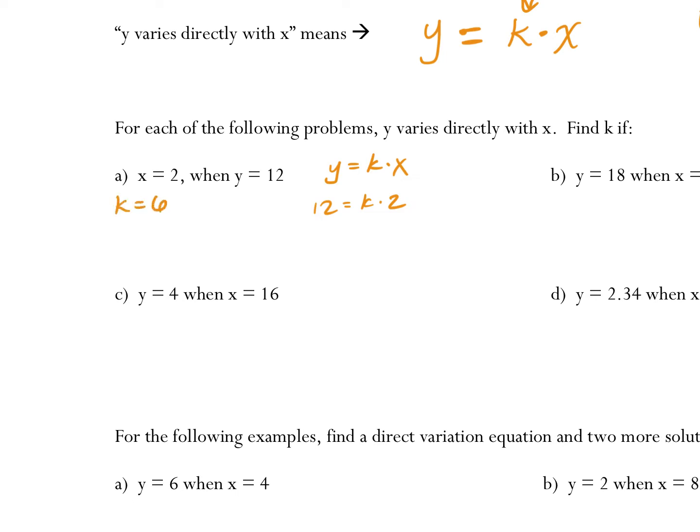And if I asked you to write the direct variation equation, we would rewrite that as y equals 6 times x. So this is k. This is the equation.